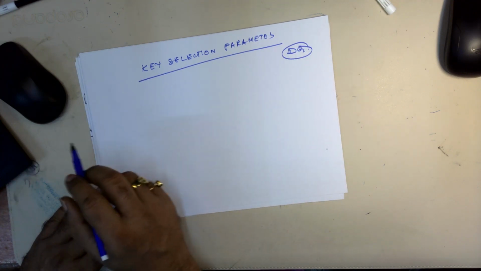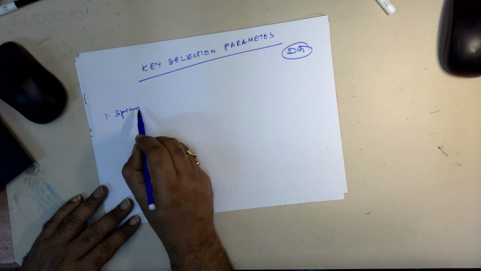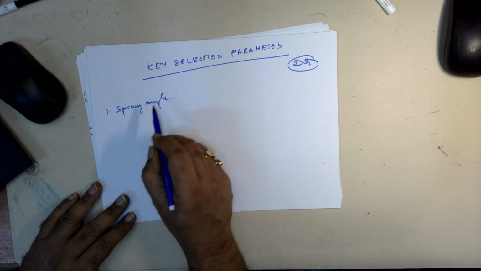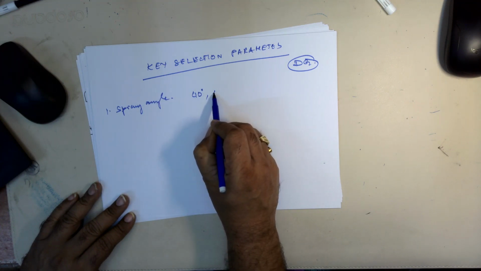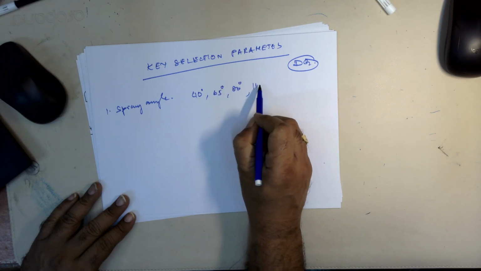First of all, the first parameter is spray angle. Usually they are kept at 45 degree, 40 degree, 65 degree, 80 degree, and 110 degree.